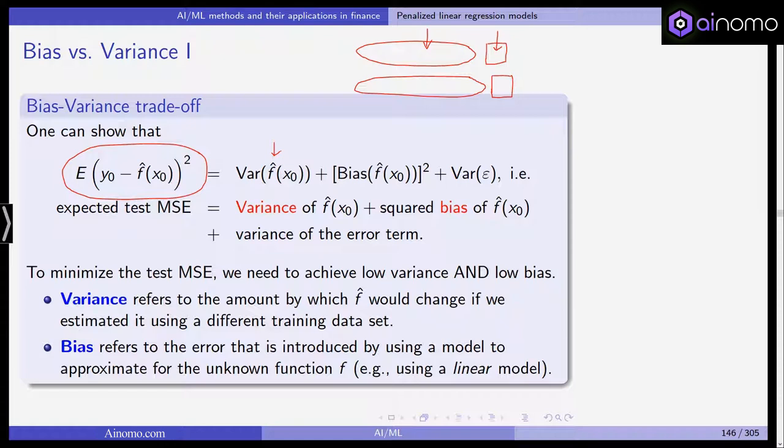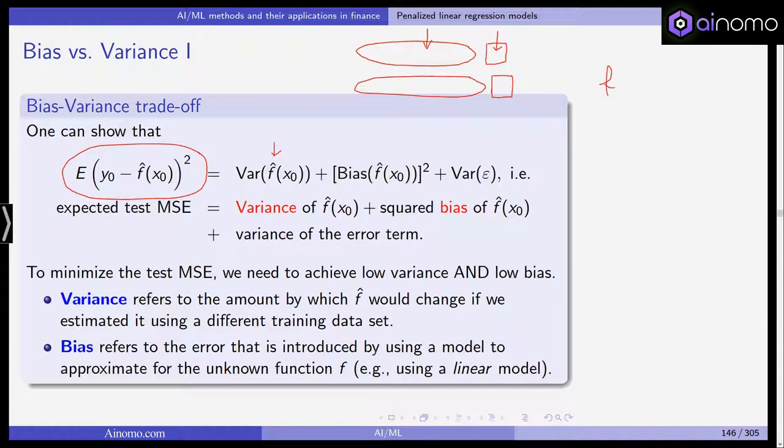The bias, on the other hand, refers to the error that is introduced by using a model to approximate the unknown function f, that is, that we use a linear model. Again, we want to estimate a function f. We don't know ex ante if f is linear, if it's polynomial, or any nonlinear function as well.